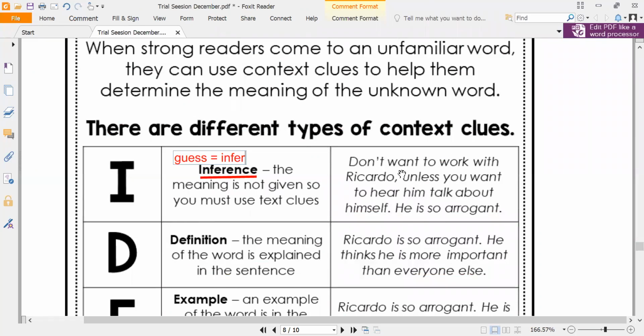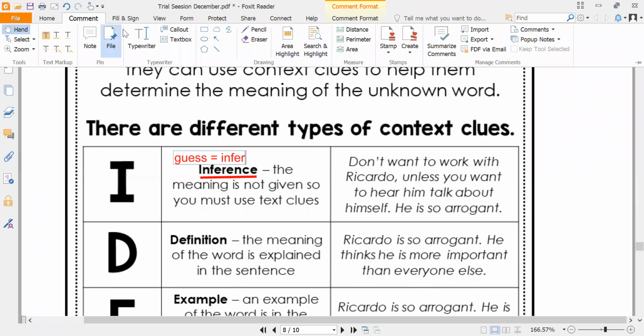Let's read this example and try to guess the meaning of the word arrogant. Read. Don't want to work with Ricardo unless you want to hear him talk about himself. He's so arrogant. What clues in this paragraph help me guess the meaning of the word arrogant?